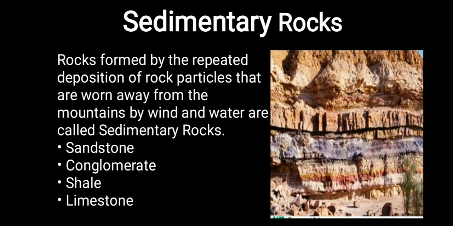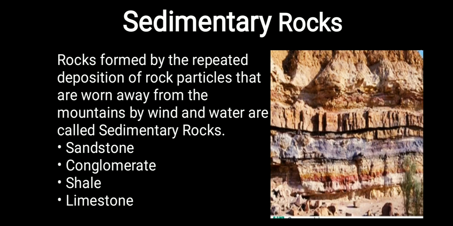Many sedimentary rocks have fossils in them because along with bits of rocks, animal and plant remains also get deposited during rock formation. Examples of sedimentary rocks are sandstone, conglomerate, shale, and limestone.